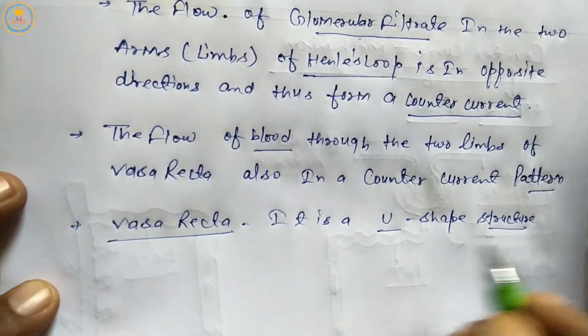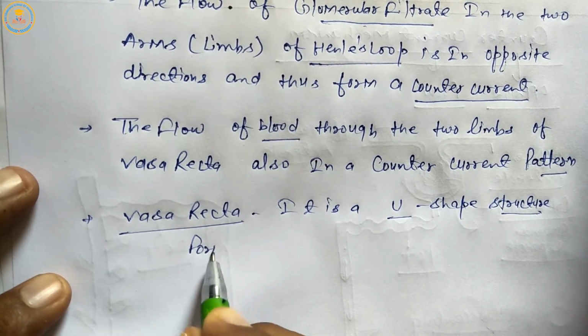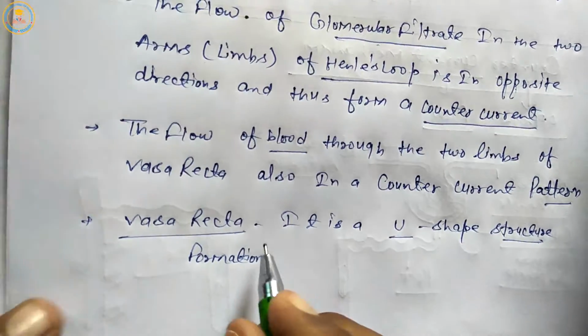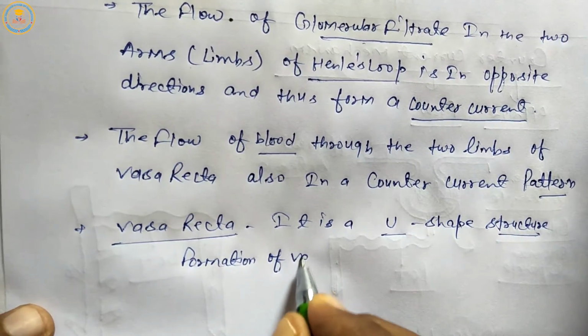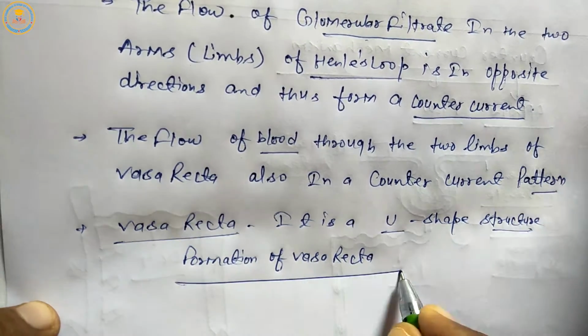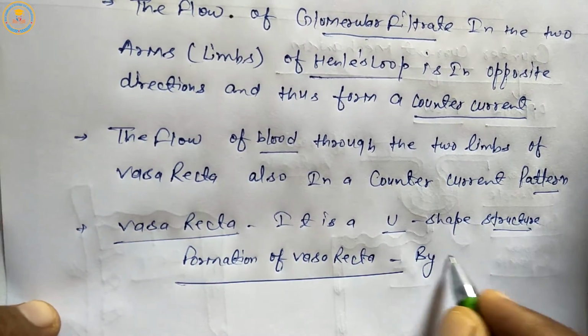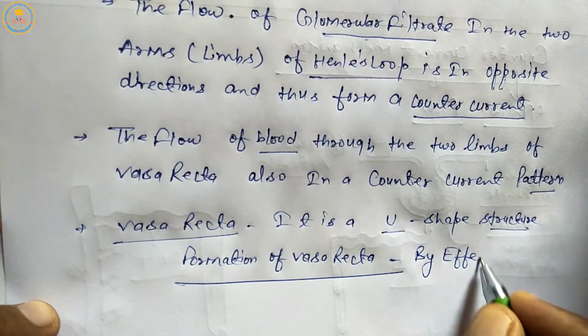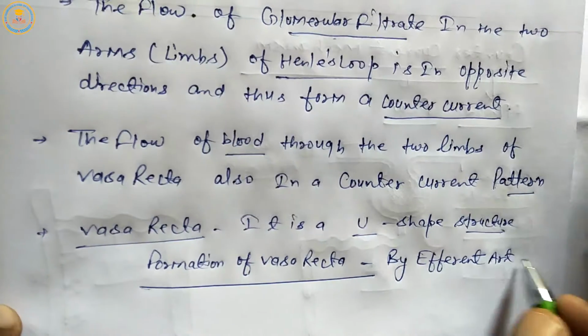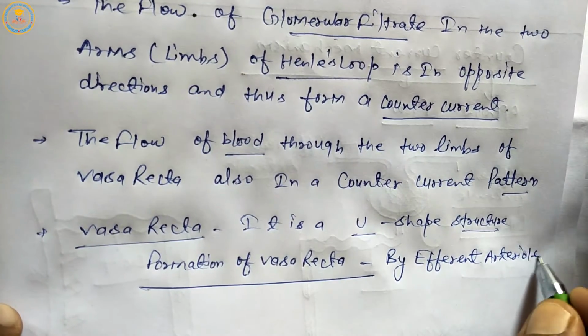Next, formation of vasa recta is by efferent arterioles.